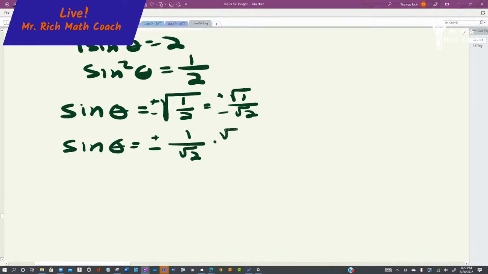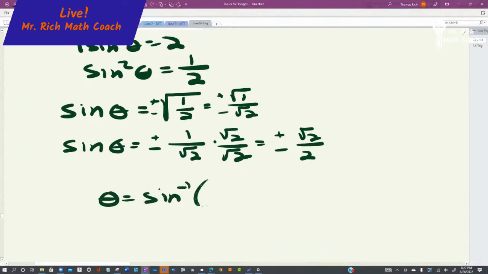When I rationalize this, I get plus or minus root 2 over 2. So at this point, I'm at sine theta is equal to plus or minus the square root of 2 over 2, taking the arc sine on both sides. So theta is arc sine of plus or minus root 2 over 2.